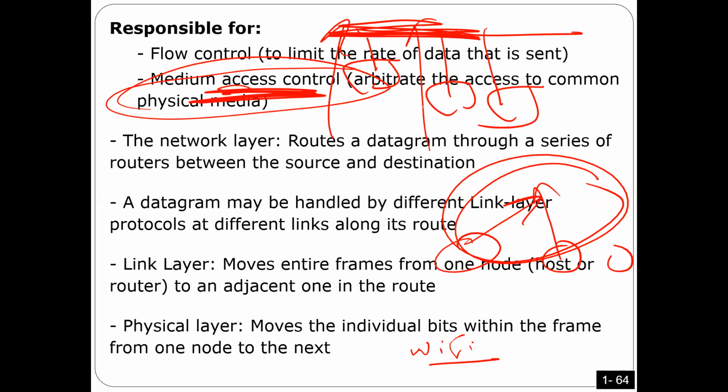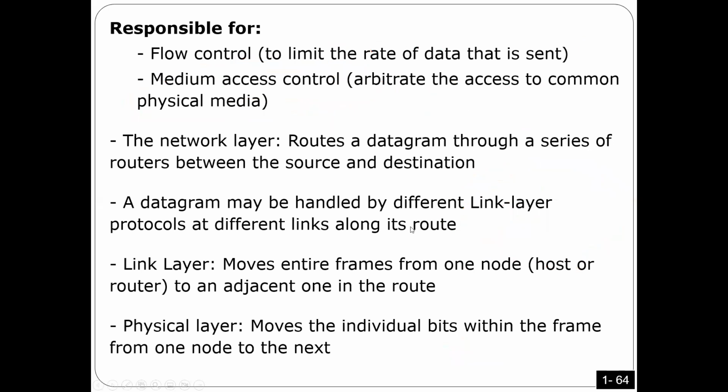That's why we need to control the medium access. We need a mechanism so that only one computer can access the medium, because if two of them access it at the same time, it's going to be corrupted. So this is something very important in networks, and it is done in this layer.